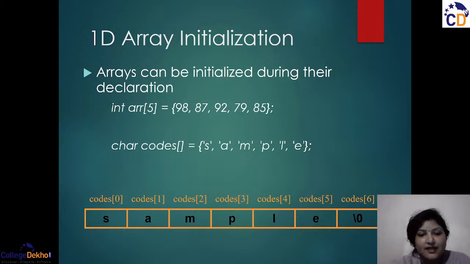The second thing is that the index is maintained. If you want to access any element, suppose I want to print codes 4, it is going to print the value L. So this is how indexing is used. These are some data structures which are maintained.